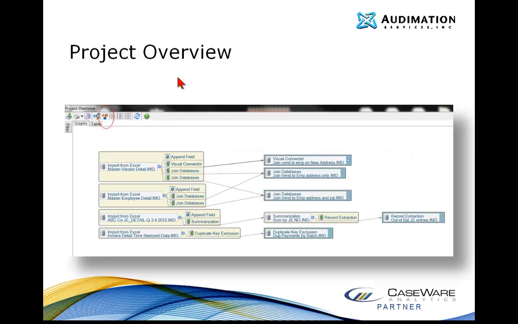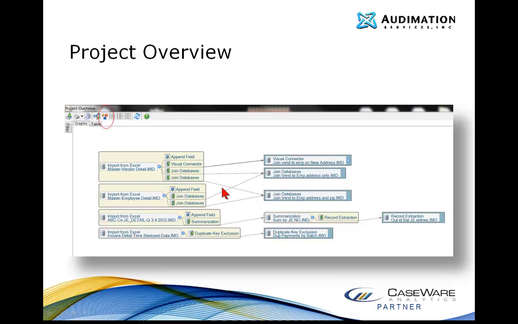This is what project overview looks like when you click the button. There you can see I've imported a master vendor and employee file, an ABC company journal entry detail, and an invoice detail. The lines indicate the results. I used the vendor and the employee and did a join by employee address.